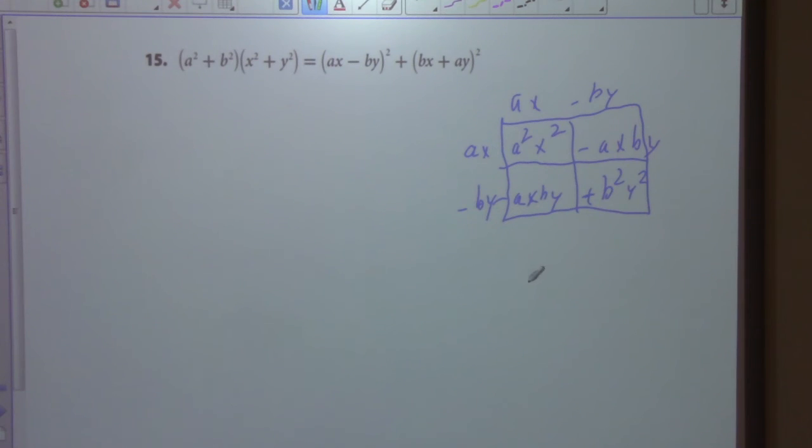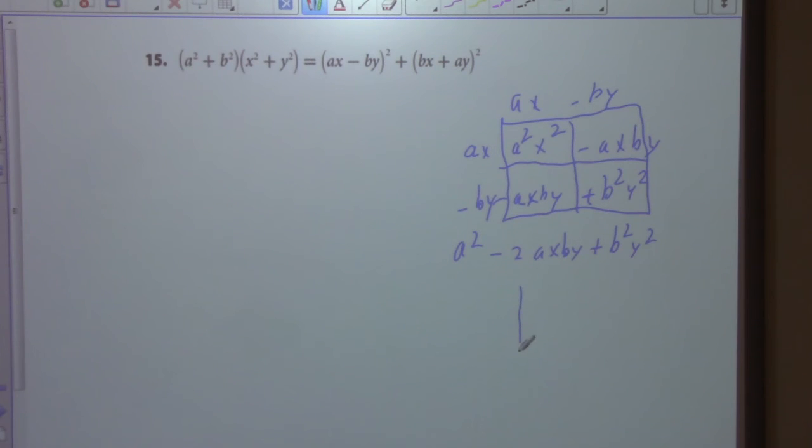Okay, then you write all this out, you get your product here, a squared x squared minus, you have two of these, 2ax by, and then plus b squared y squared.